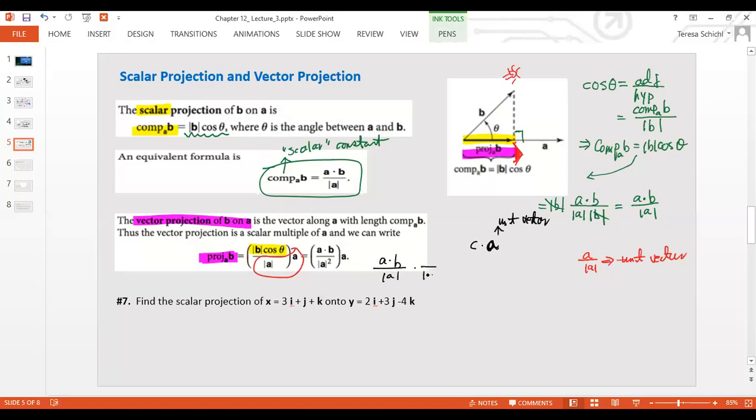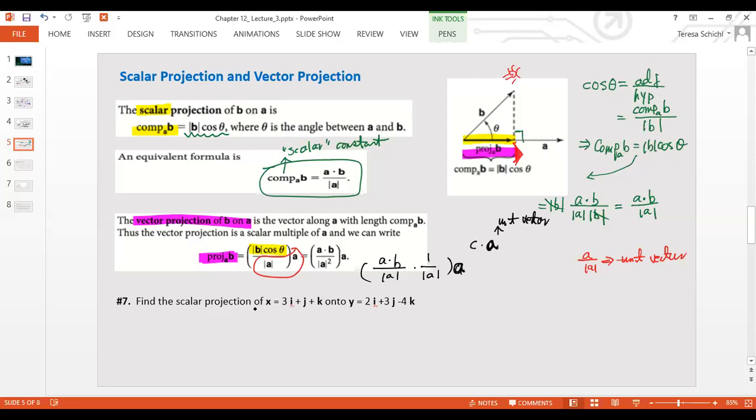Now you multiply by A, and the whole thing is times this vector A here. That's what you derive, this formula here. I don't want you to remember this formula because it's kind of hard to remember, but just remember the meaning of it, and then you will be able to derive it.